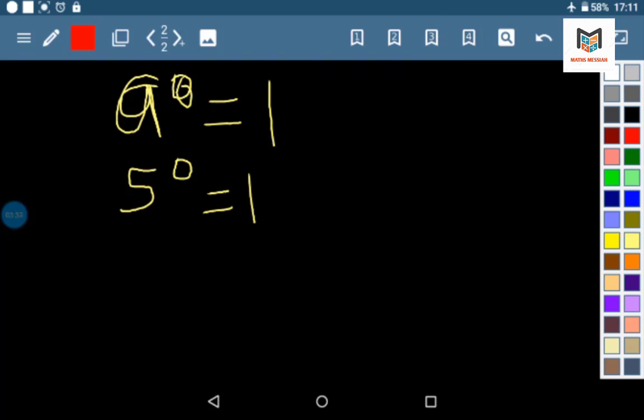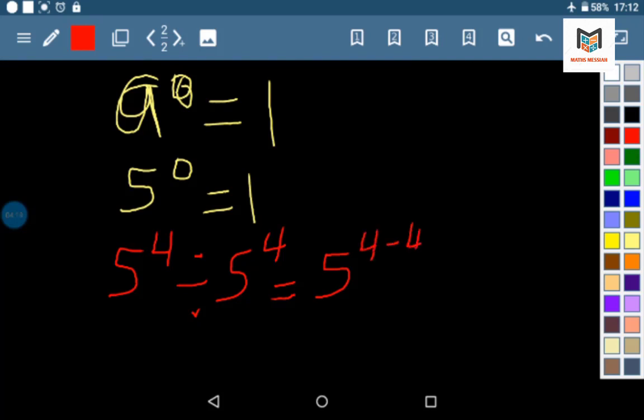Since we are using 5, we can say that 5 raised to the power 4 divided by 5 raised to the power 4 will give us 5 raised to the power 4 minus 4, which is 5 raised to the power 0.